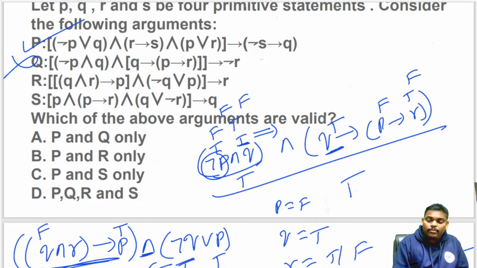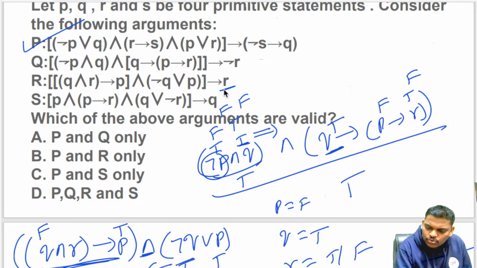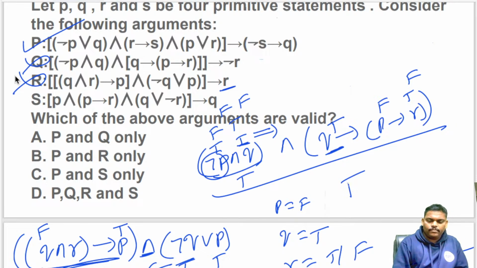R can be anything. But he is saying that R should be true. He is saying need not be. So R cannot be. I think someone is saying C. I think that is the only answer.